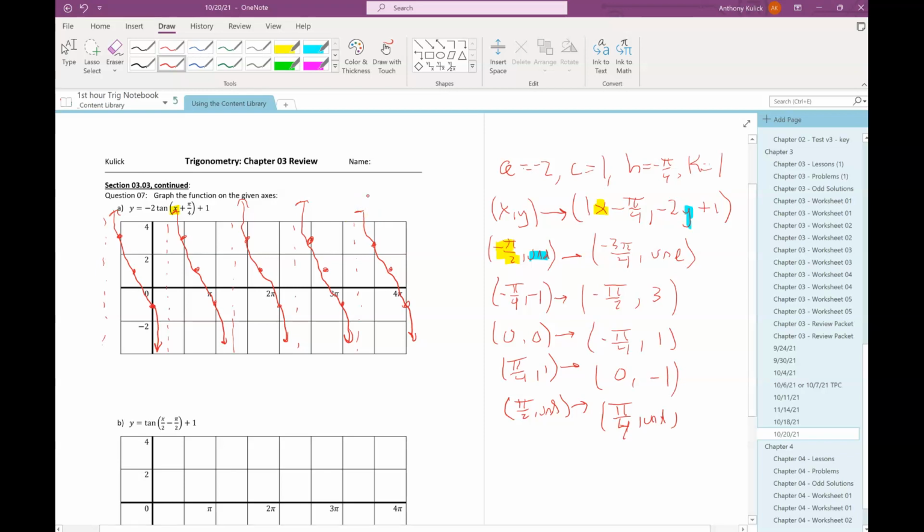Jane? So that's where the undefines are. Correct. Yep. So the undefines, that's where the asymptote goes. So you find that spot on the X and then you draw your vertical line through it.